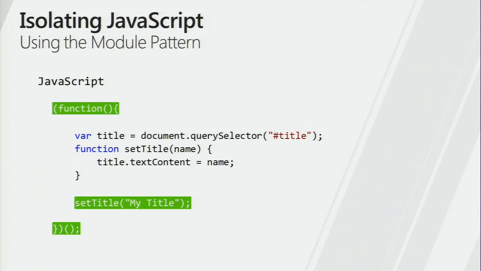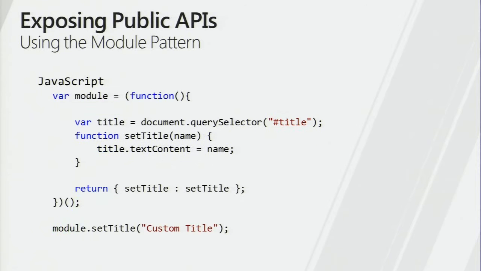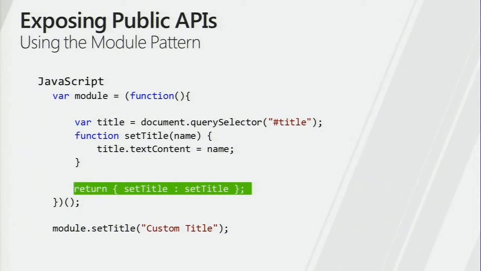Now that's great, but you're likely going to have various different APIs that you want to share between modules. So while you want to hide a lot of this within a module, you're probably still going to want to poke some holes so certain APIs are available publicly. You can do this by returning an object from your wrapper function. In this case, I'm taking my setTitle API, and in the object, I'm storing a reference to it, using the same name setTitle.